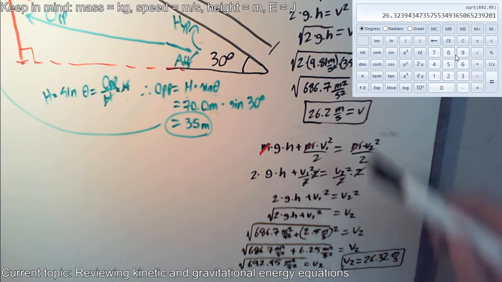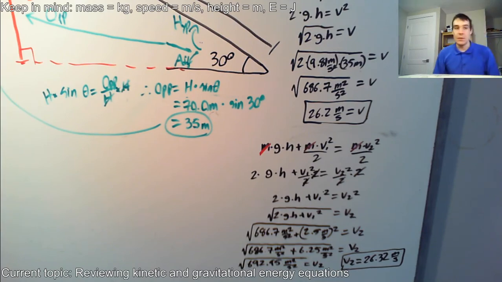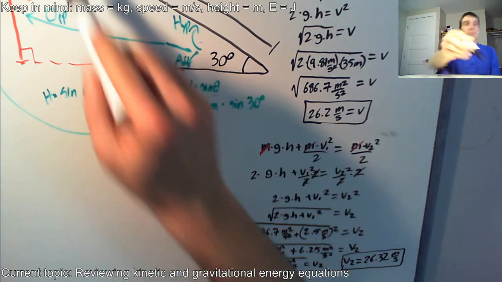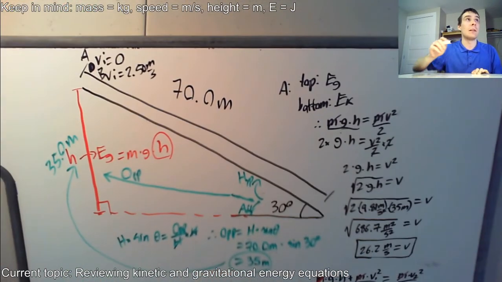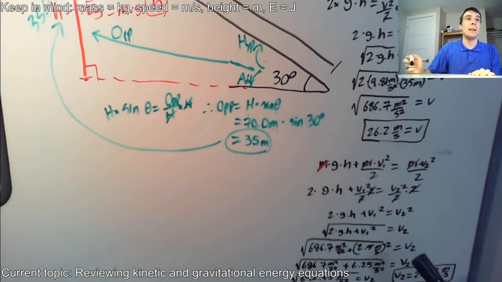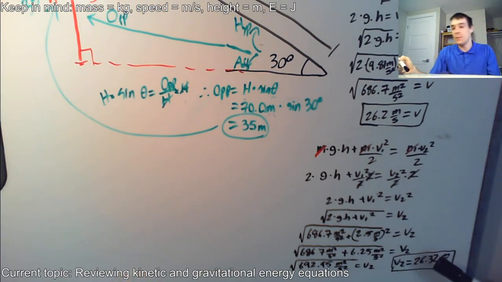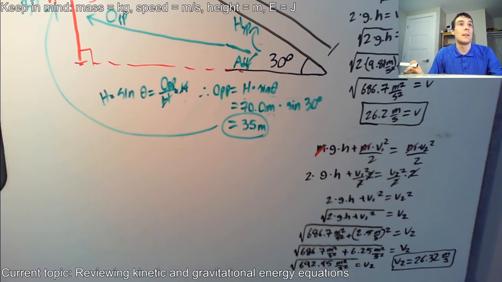It's changed by a whole, look at that, a whole 0.12 meters per second. So that just goes to show you can't just add the 2.5 starting speed, remember that our starting was 2.5 meters a second. We can't just straight add it to this. We've only actually added 0.12 meters a second because kinetic energy doesn't add up the way that you think it does. So the equations are the important thing here.